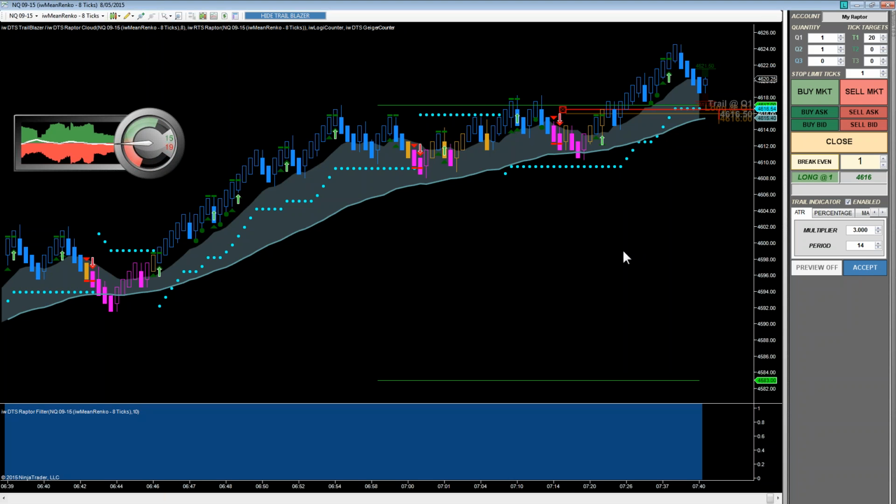And this is on our Raptor, of course. And now everybody's going to sleep. Yeah, this is how the index markets have been of late.